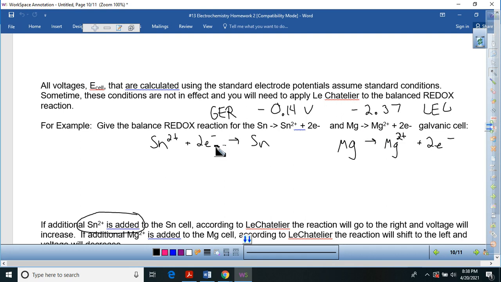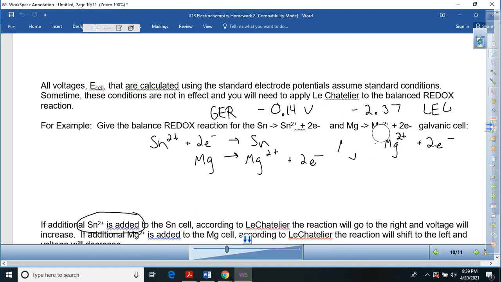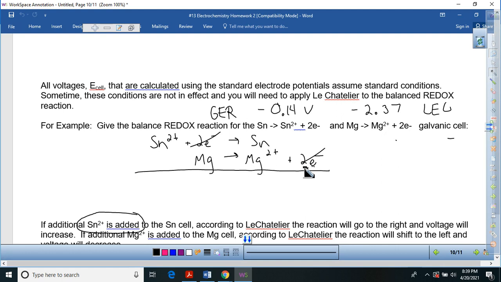The number of electrons balances out. So I'm actually going to write these right over top of each other. I can add these up, and that gives me tin +2 plus magnesium. I'm just writing a balanced redox reaction. Gives me tin plus magnesium +2.